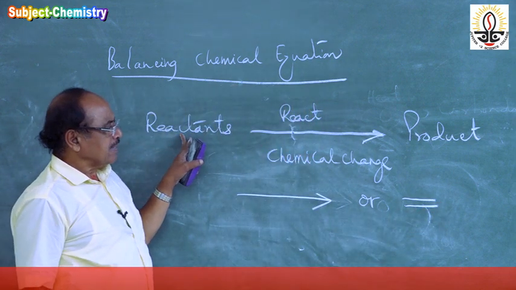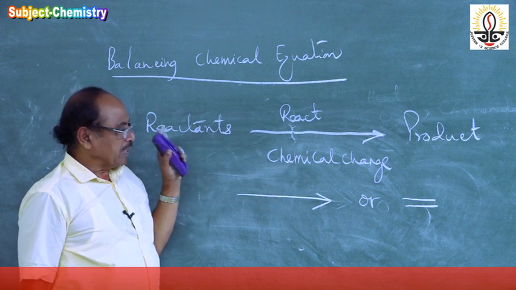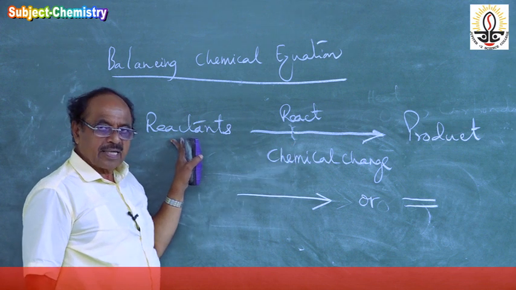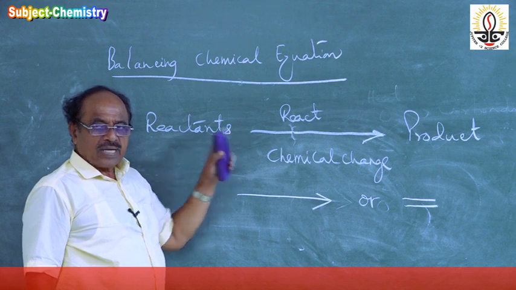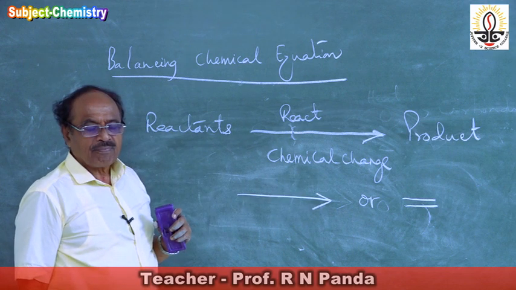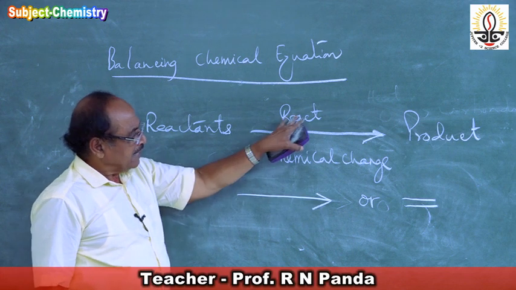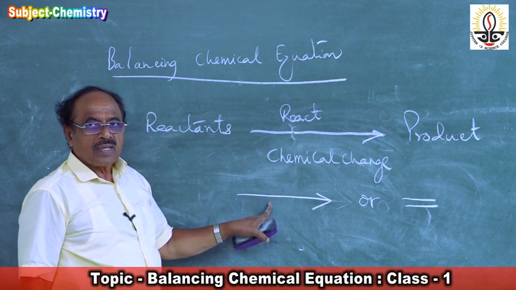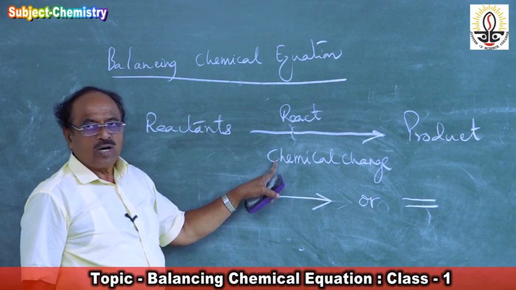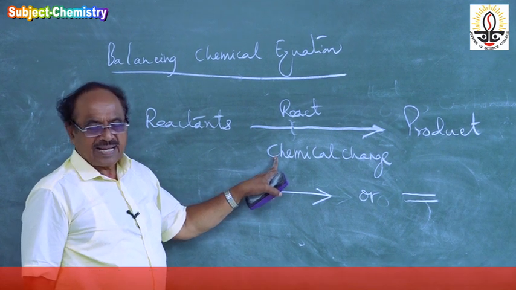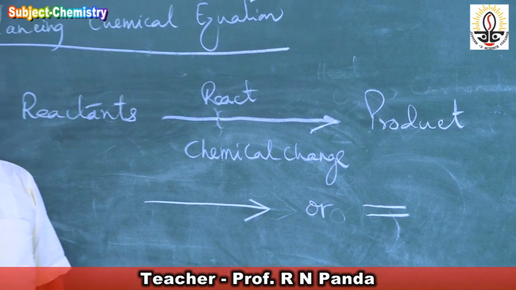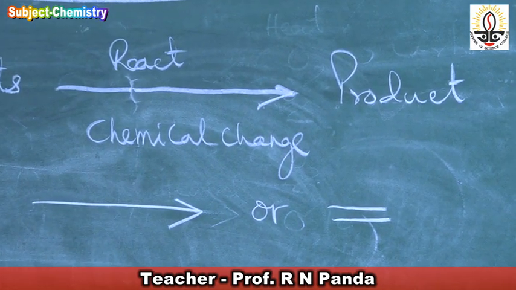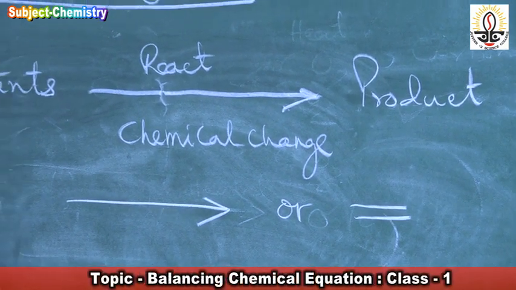Between the reactants and products, we always write the reactants on the left side and products on the right side, and whatever changes are going on, we can indicate that on the arrow mark. This is how it is represented.